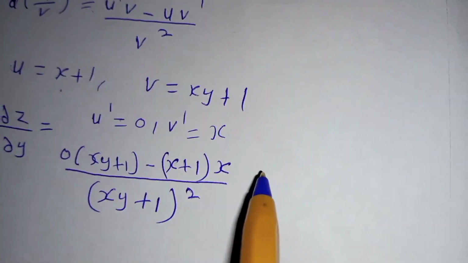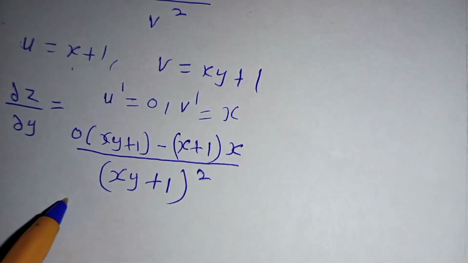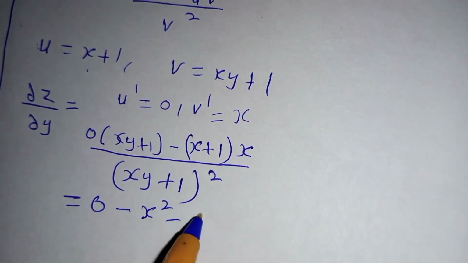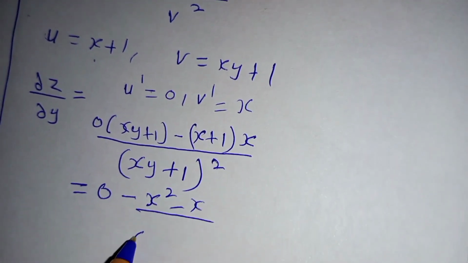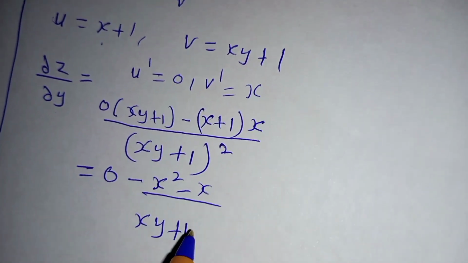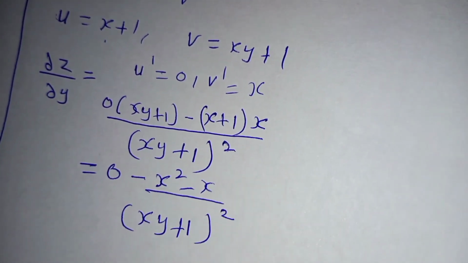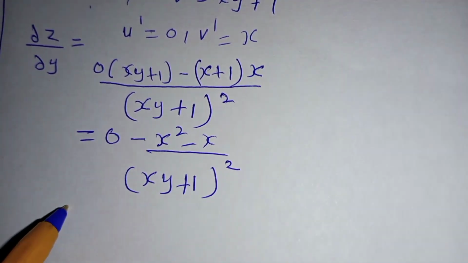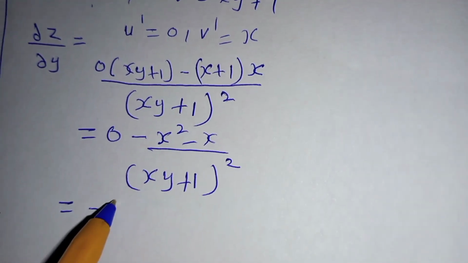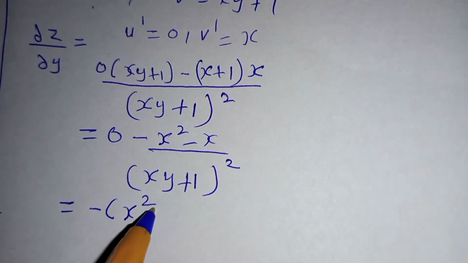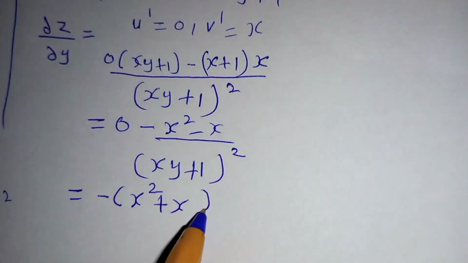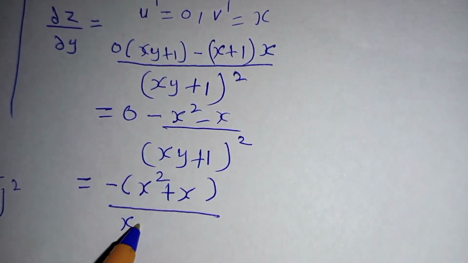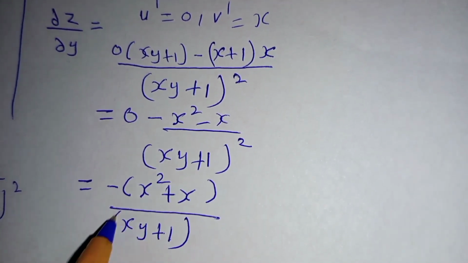This is clearly equal to, the first part will be 0 minus x squared minus x, divided by xy plus 1, everything squared, which you can write as minus bracket x squared plus x, close the bracket, divided by xy plus 1, everything squared.